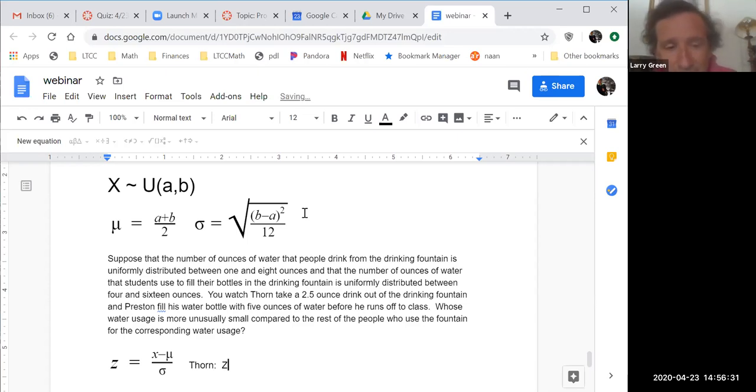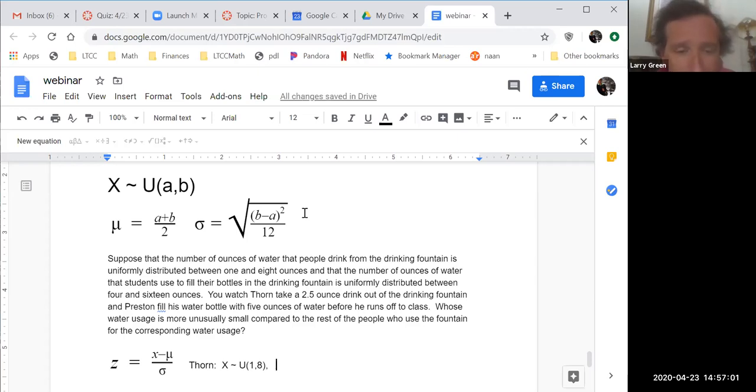So the first thing is let's write x tilde U, it's uniform, and it's between what and what? Yeah, 1 and 8. So U(1, 8). It's nice to have this notation because it tells you everything you need to know to do these kinds of problems. Any questions so far?